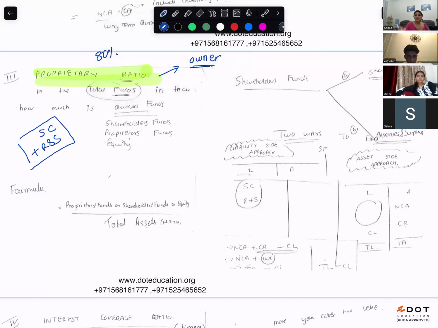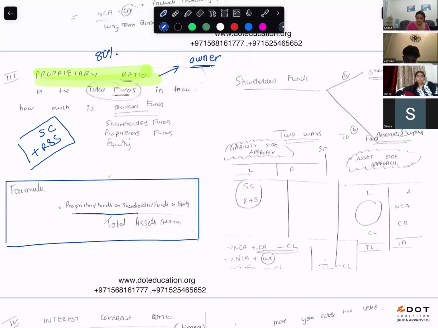So when I talk about proprietary ratio, it means your proprietors funds. Proprietors funds is owners funds, shareholders funds, equity.